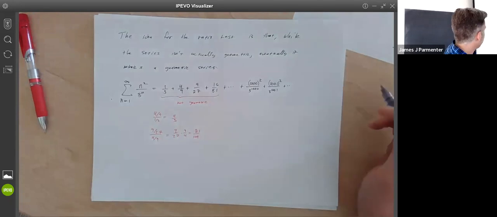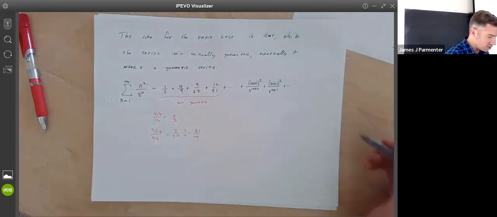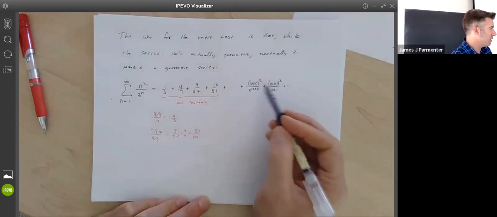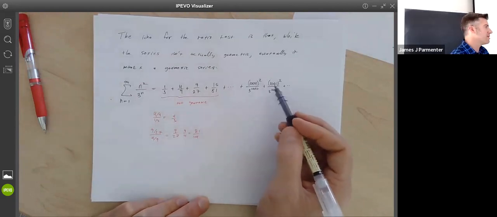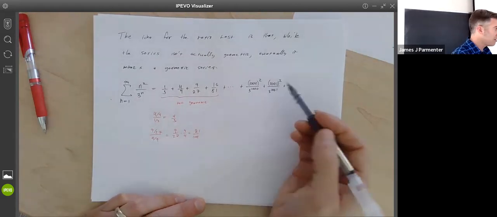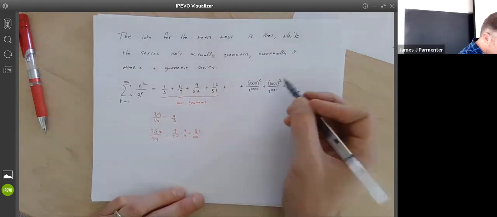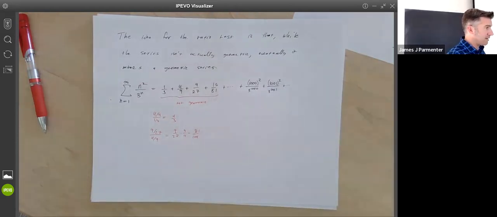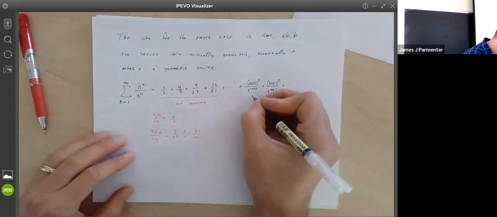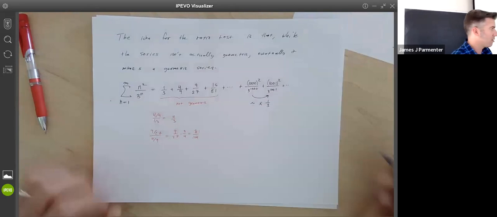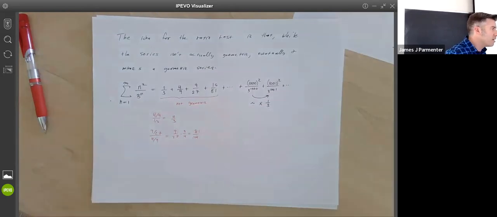This is starting to behave very geometrically because essentially the numerator hasn't changed that much. 1,001 squared is a little bit bigger than 1,000 squared, about 1,000 bigger. But when you compare that to dividing by the next power of 3, it's really not a big difference. So essentially from here to here, you're multiplying by 1/3. Not exactly, but pretty close.